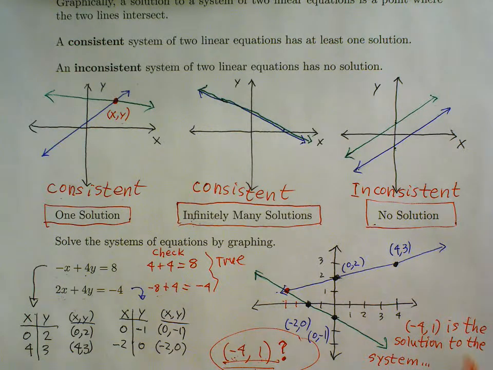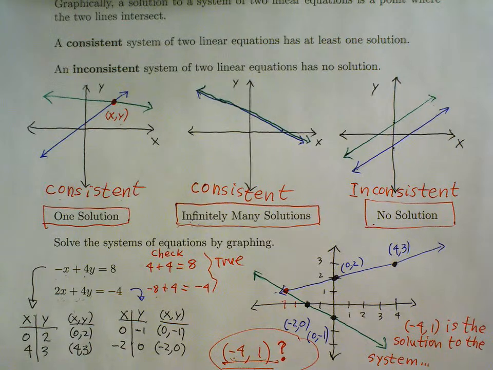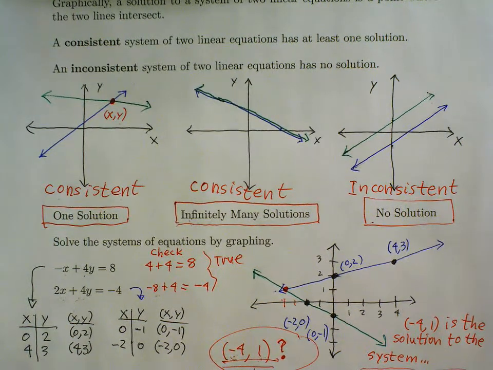Okay, to be complete, I should write -4, 1 is the solution to the system of those 2 linear equations. But I'm abbreviating it here because of lack of space. Since there's one solution, the system is consistent.